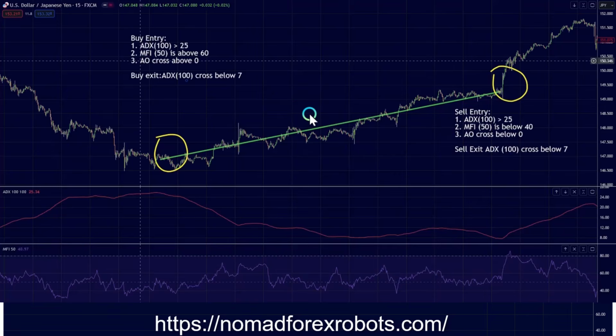With the 100 period ADX, this strategy is going to be selective enough to have the potential to generate good signals for us on many currency pairs. I want to tell you the exit rules as well, because we have 3 exit rules.